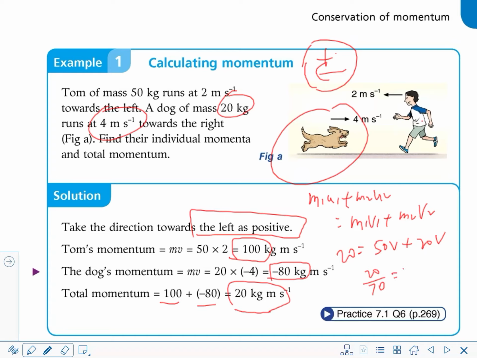So we get 20 over 70 v here. They will stick together and move to the left with the speed 2 over 7, because we take left as positive, so the direction is left. Now this is the complete answer.